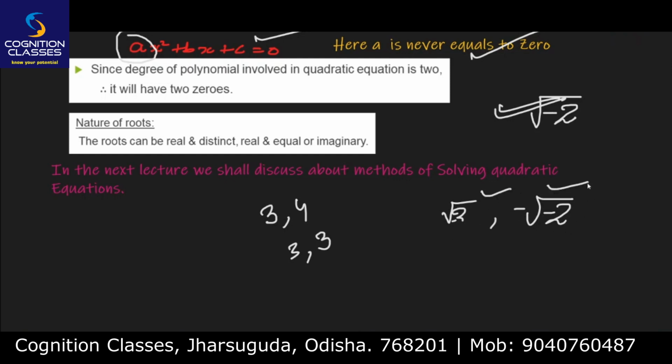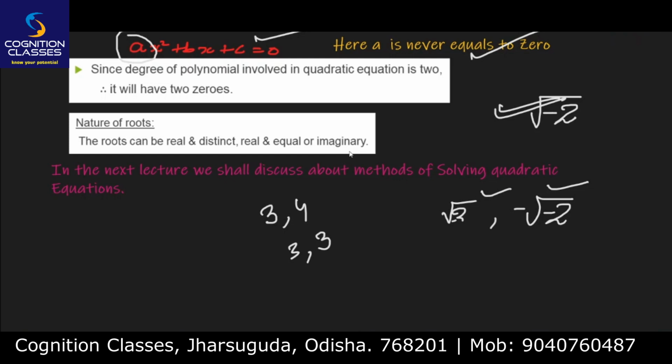That is, just reverse the sign of the root in front of it. So from here we can see that we have the nature of roots as real and distinct, real and equal, or imaginary. These are the three varieties of roots which we can have for any quadratic equation.